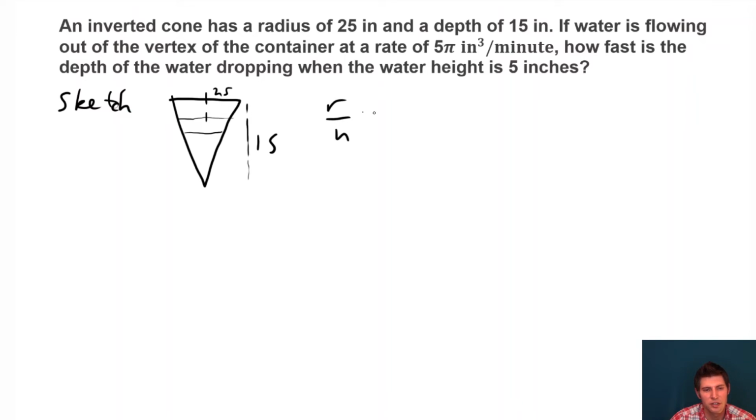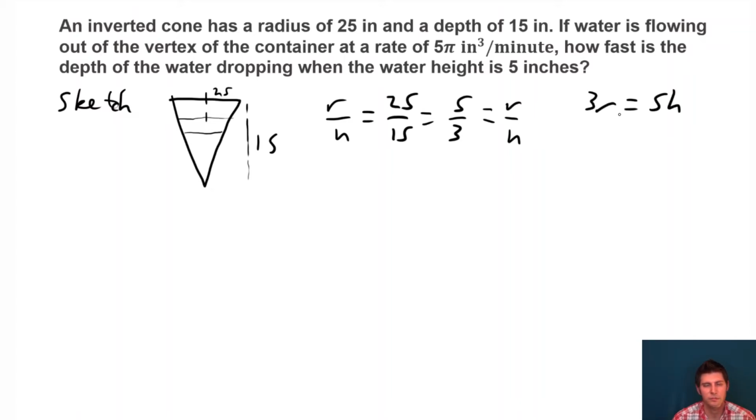So the radius to the height will always have a ratio of 25 to 15 or 5 to 3, no matter what. So we can cross multiply and get a formula to work with. 3r equals 5h. So that's convenient. I think I have notes for this on the website.